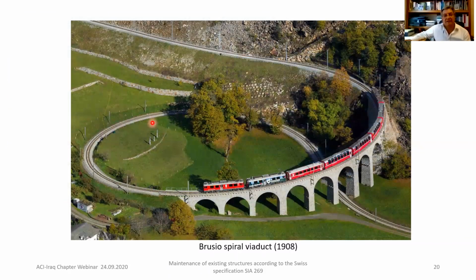You can find, especially in the Grison also, many monumental bridges, such as this spiral bridge in Grison, which is so close to the Austrian border.